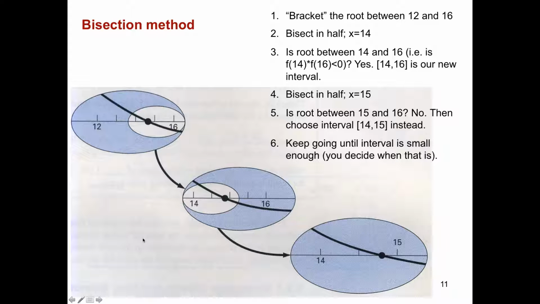So graphically, I'm going to calculate this midpoint. I'm going to call that XR, okay? And then I'm going to check if this f of XR, that's this point right here, times f of xu, which is my upper point, is less than 0, that's my interval, correct? So I'm going to replace this point 12 with 14.